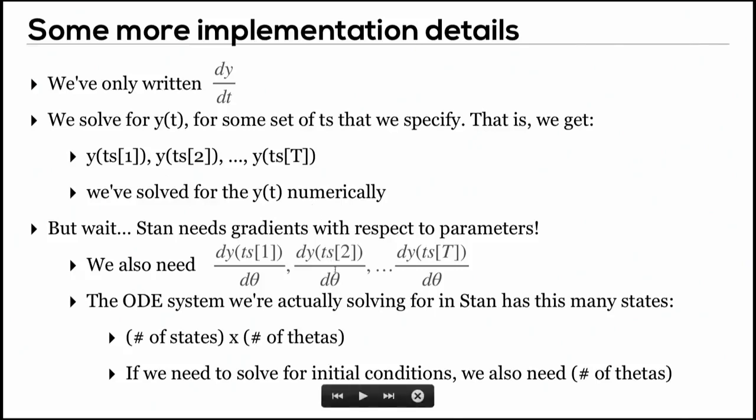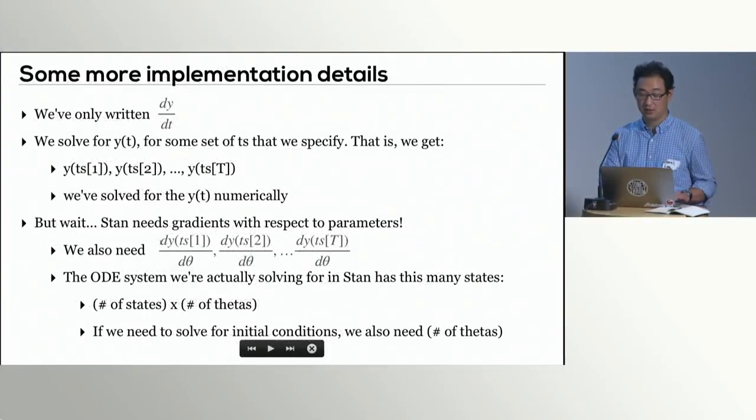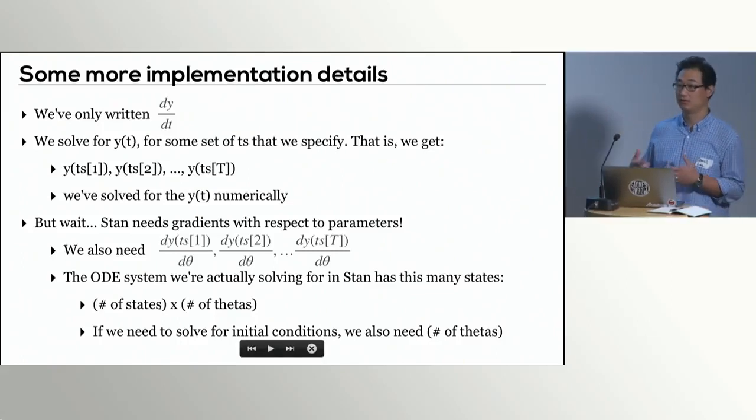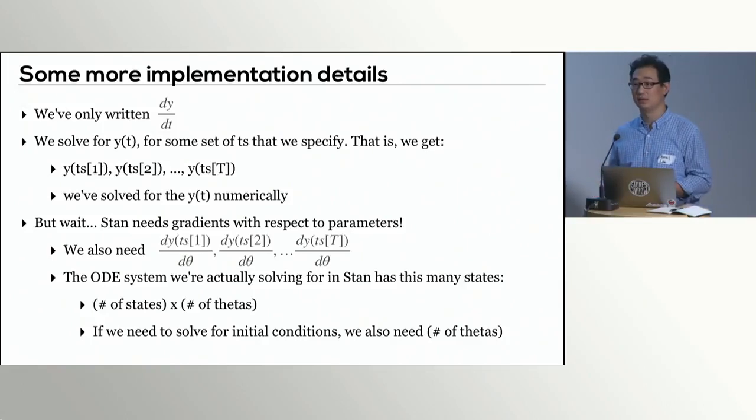But in Stan, what we actually need is not only those states, but we need the gradients with respect to the parameters of the model. So that means we also need dy of that time point d theta for all the theta that it involves, right? So the ODE system that we're actually solving in Stan has many, many more states. It's the number of states in the ODE system times the number of parameters in the theta block.